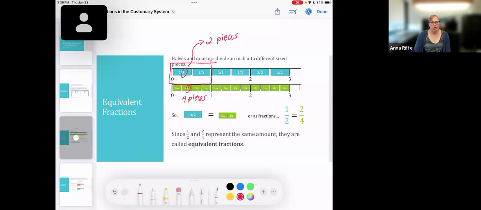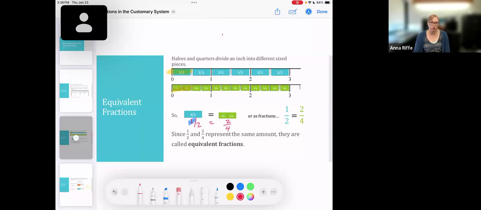One thing that's helpful to note here is, as I'm sure you're familiar, one fraction can have multiple names. So it looks like 1/2, for example, right here. 1/2 has the same length as 2/4, which means that a 1/2 inch piece is equal to 1/4 plus 1/4, or 2/4.